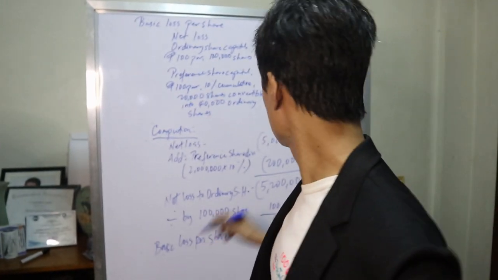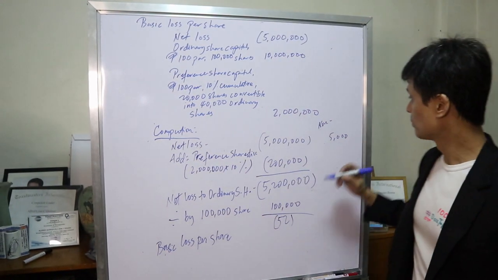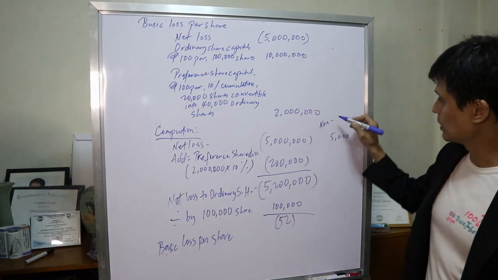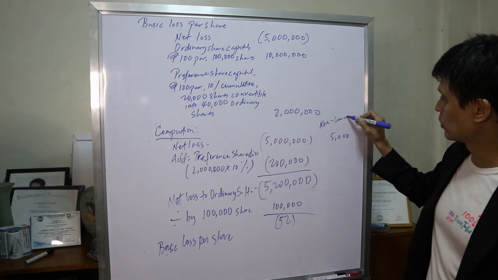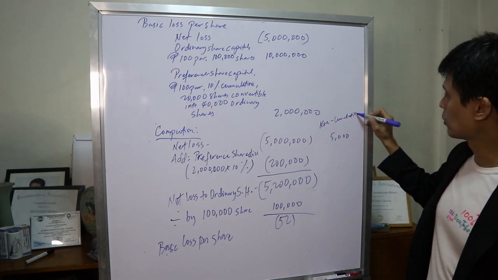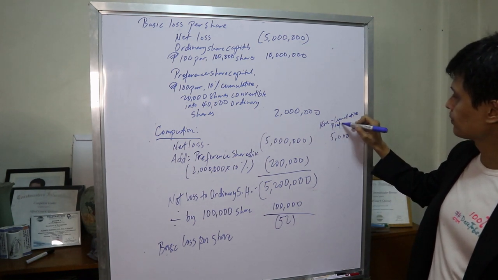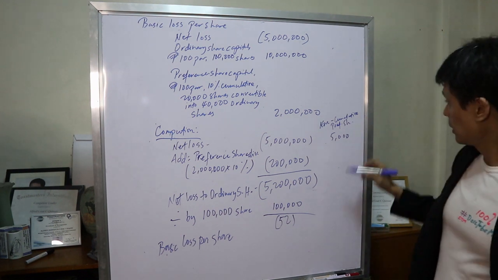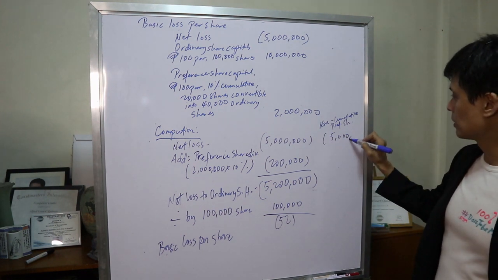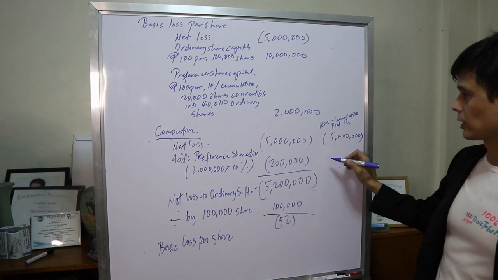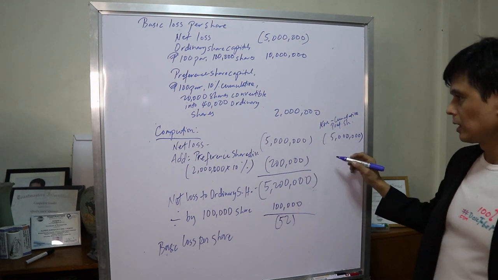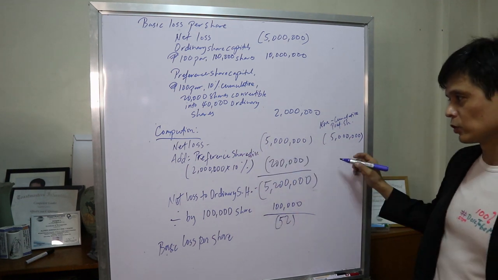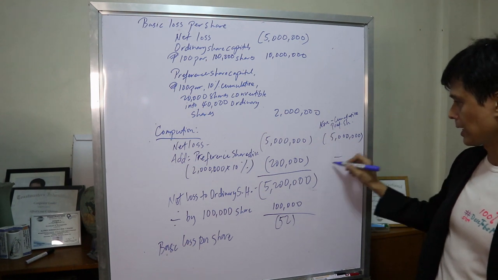Okay, so if it's non-cumulative, ganito lang yan. So, kukunin natin yung ano, assuming this is non-cumulative, yung preference share. Non-cumulative preference share. Okay, so this is 5 million. Ganun pa rin yung, of course, in the net loss. So, instead na i-take into account natin yung preference share, wala na yan, no?